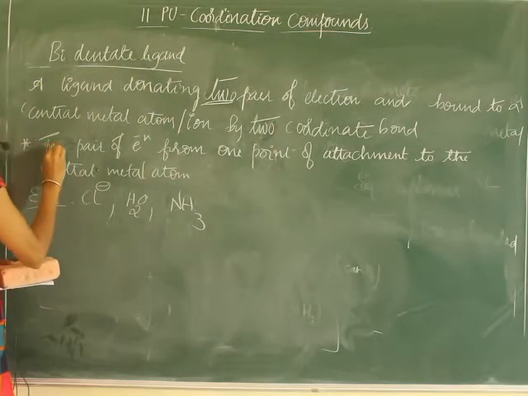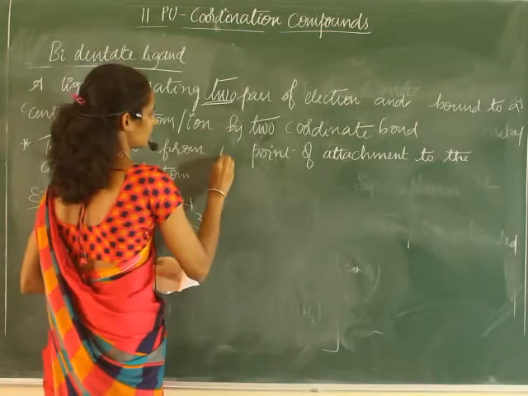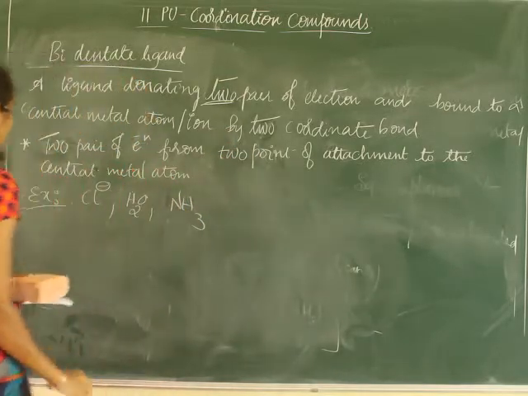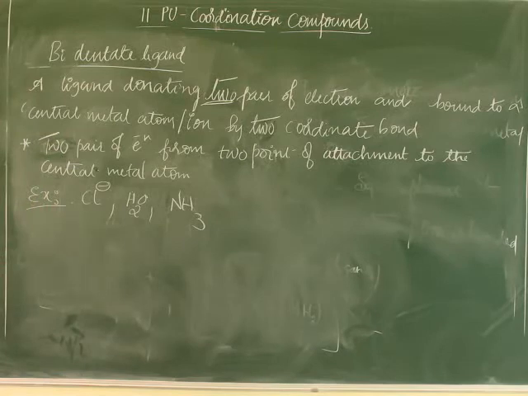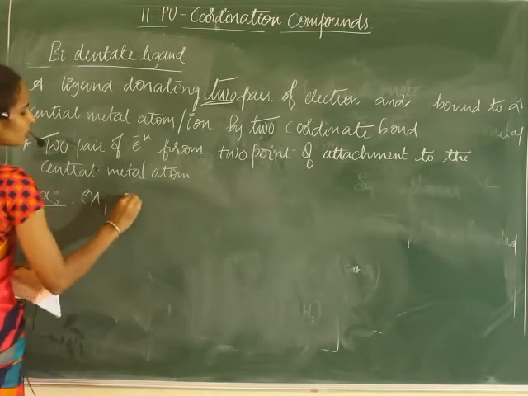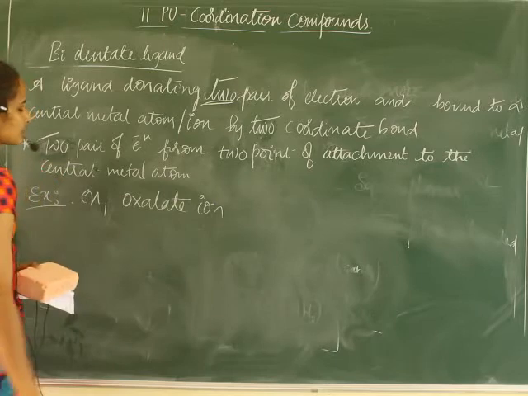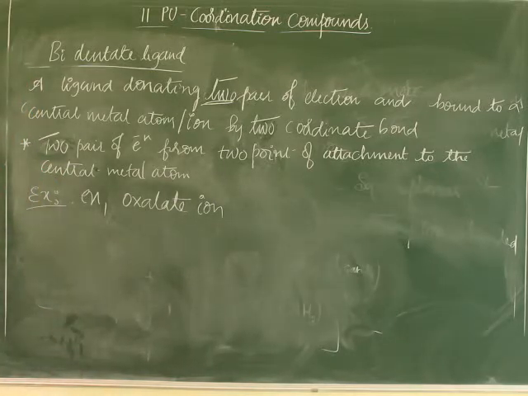Here two pairs of electrons form 2 points of attachment to the central metal atom, and these are called bidentate ligands. A simple example for a bidentate ligand is ethylene diamine or oxalate ion.